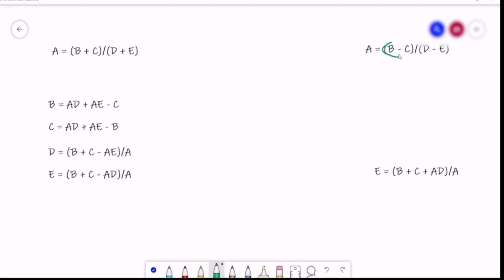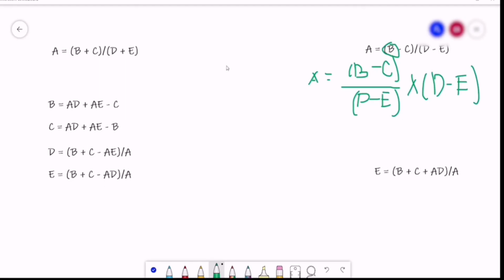We have here b. So whenever b is missing, same thing. So we're going to have ad minus ae equals b minus c.